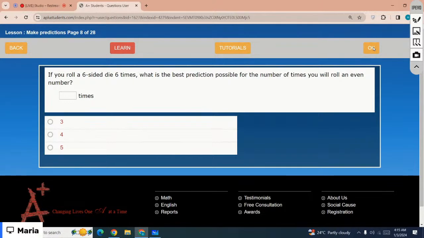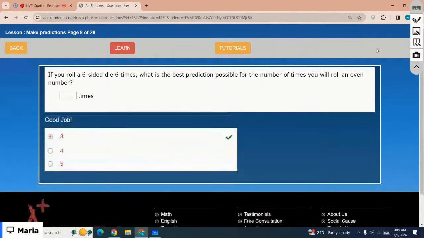You will roll an even number, which is the correct option, 3, right?